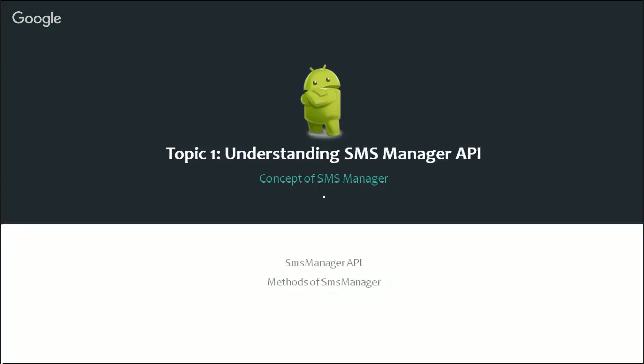There is a get information method or getDefault method inside of SMS Manager, which will allow the object of SMS Manager to get information of your Android device, like your phone number, your SIM card, your time, your date, and your text inside of the SMS text body.